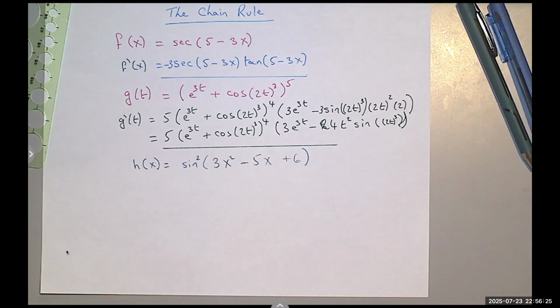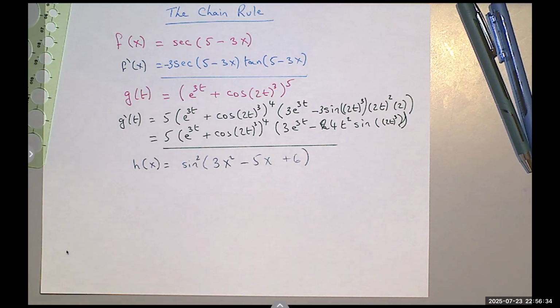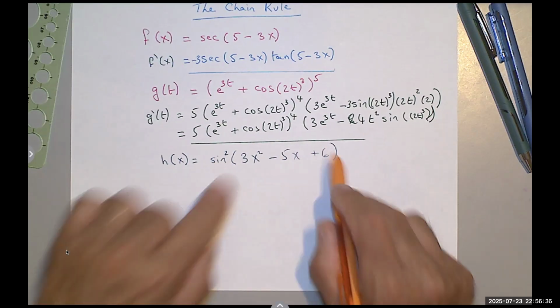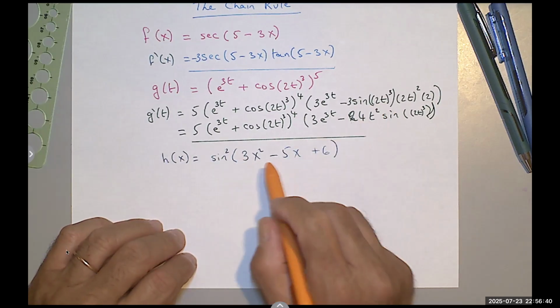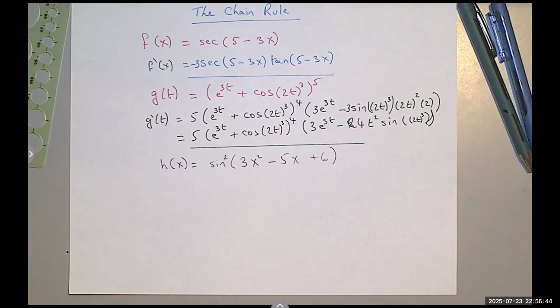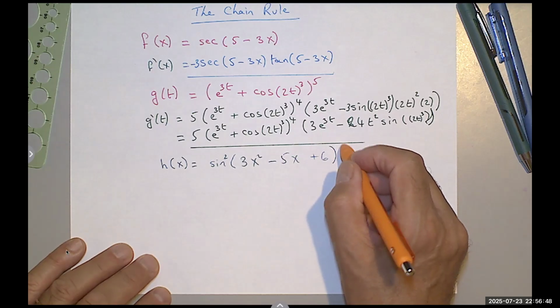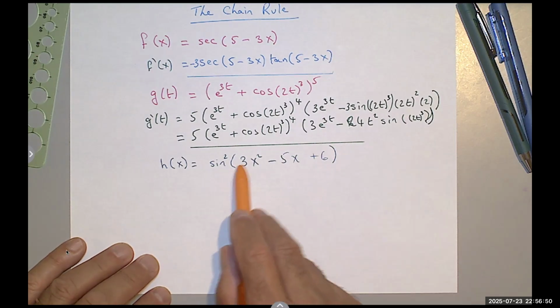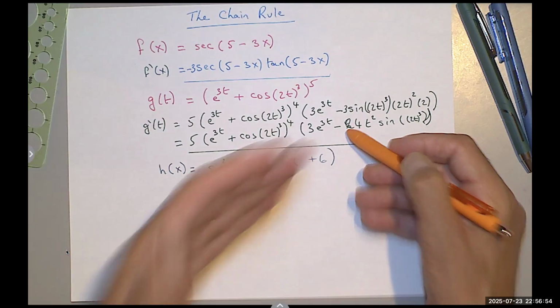I want to warn you, it's not a big deal, but when I say sine square, it means the sine of everything here. You find the sine of that function, and then you square the result. We don't write the square here because if I do it, some people will take 3x squared minus 5x plus 6, square that, and then take the sine.